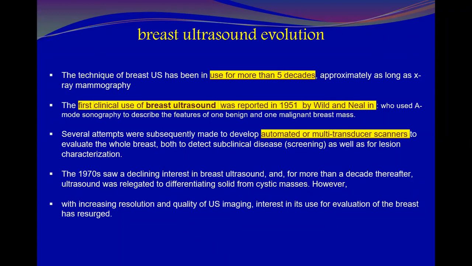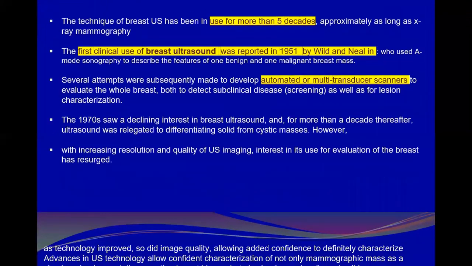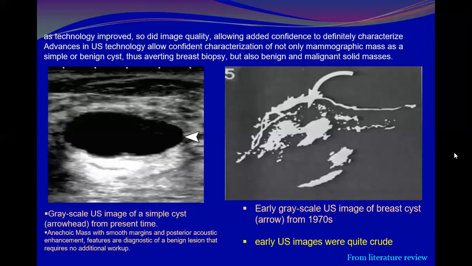And the first clinical use of breast ultrasound was reported in 1951 by Wild and Neal, okay, and thereafter subsequent development for breast ultrasound occurred. And you can see here this is an earlier breast ultrasound, a grayscale image in the 1970s.